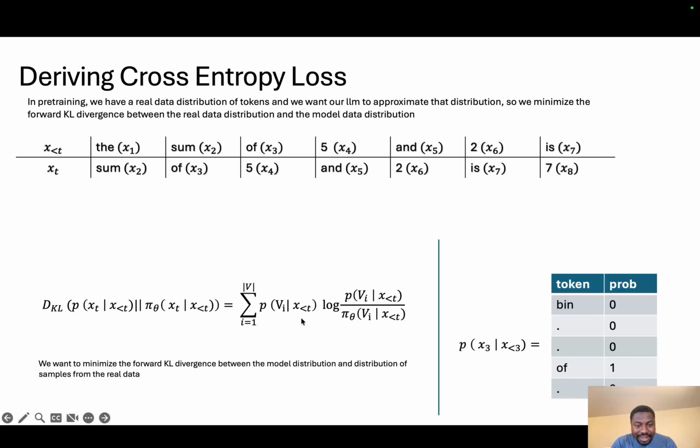So this is basically the weighting term, the data distribution. On the top here you have the data distribution, and below here you have the model distribution. So this is the forward KL divergence equation, and you want to minimize this. And let's remember again that, for example, p of x3 given x less than 3, over vi, actually just collapses to a one-hot, where "off" gets all the probability and the rest is 0. So they will cancel each other out very shortly.